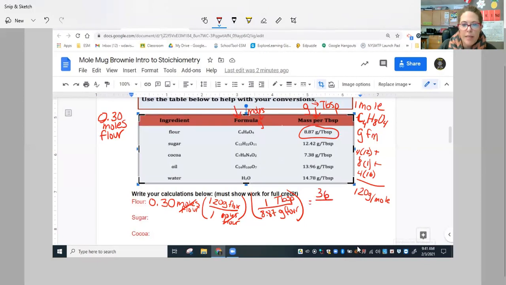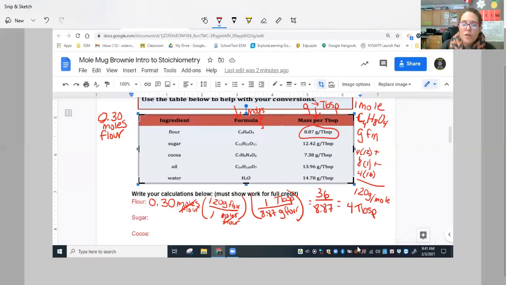And now I multiply my denominators, so all I have is 1 times 8.87. So I do 36 divided by 8.87, and that comes out to be like 4.05 or something. You're just going to round that to the nearest whole number because we're working in tablespoons in the kitchen. So you need 4 tablespoons of flour.